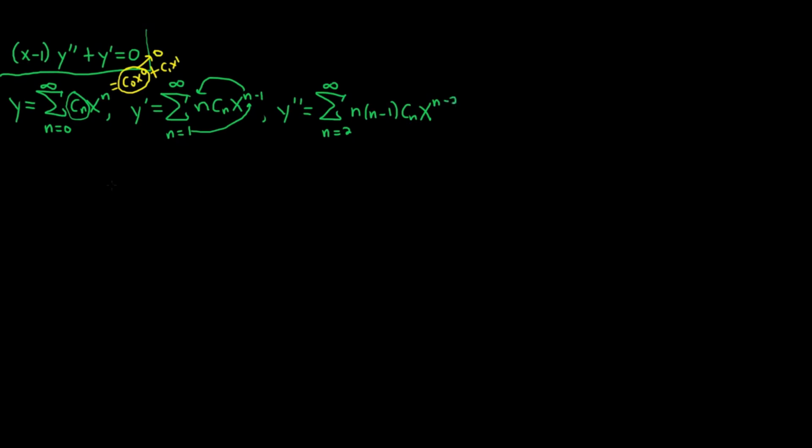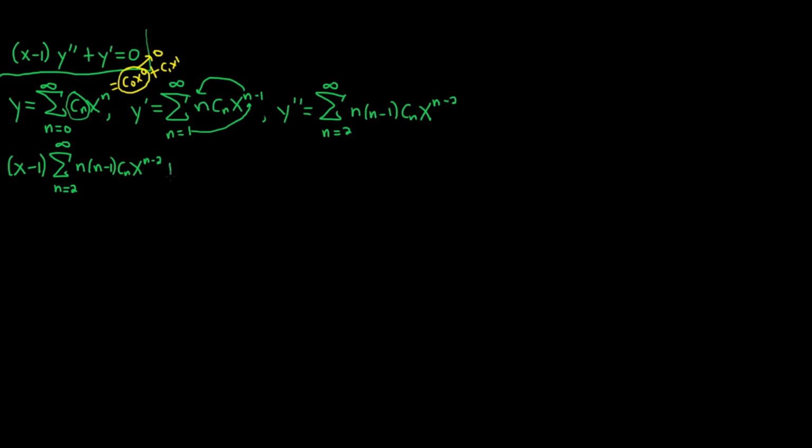The next step is to plug all of this into the differential equation and simplify. So let's do that. So we have x minus 1, so x minus 1. Then we have the second derivative, so I'll write that down, infinite sum, n equals 2 to infinity. Then we have n minus 1, c sub n, x to the n minus 2.